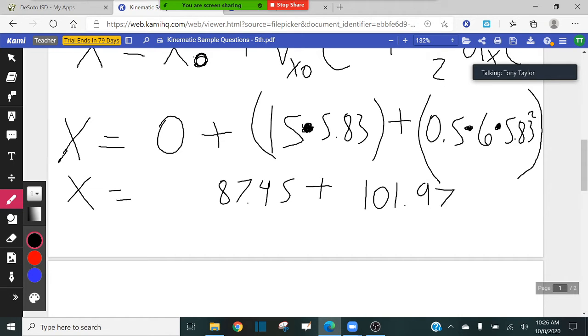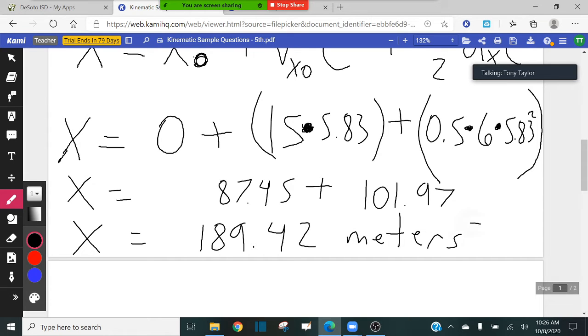And that gives me 101.97. Okay. So I'm going to add these two values up, 87.45 plus 101.97. That will give me 189.42 meters for the final position of my airplane just before it takes off.